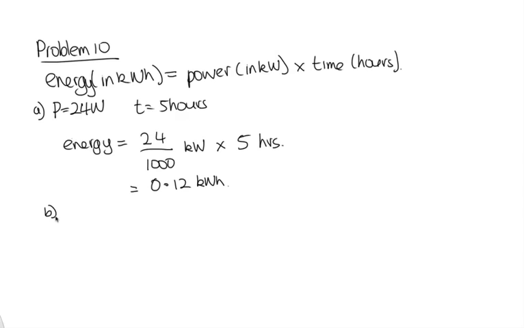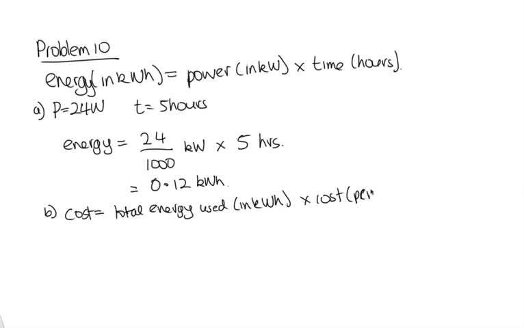Now part B says if it costs 29.5 cents per kilowatt hour, how much will it cost to have this light on for 5 hours each evening for a year? So the cost will equal the total energy used in kilowatt hours times the cost per kilowatt hour.